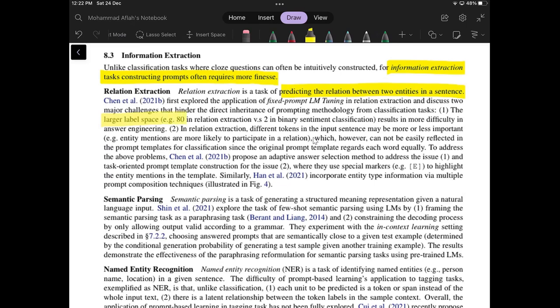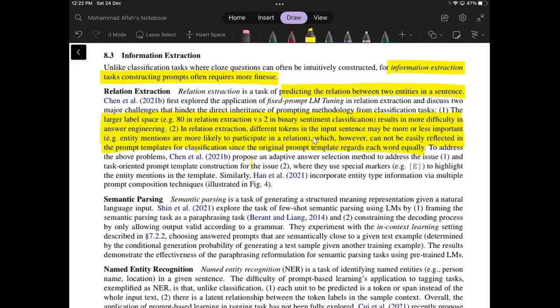You have a larger label space, like 80 relations versus two in sentiment classification, which results in more difficulty in answer engineering. And in relation extraction, different tokens in the input sentence may be more or less important. Entity mentions are more likely to participate in a relation than, say, some adjective, which however cannot be easily reflected in the prompt template for classification since the original prompt template regards each word equally.